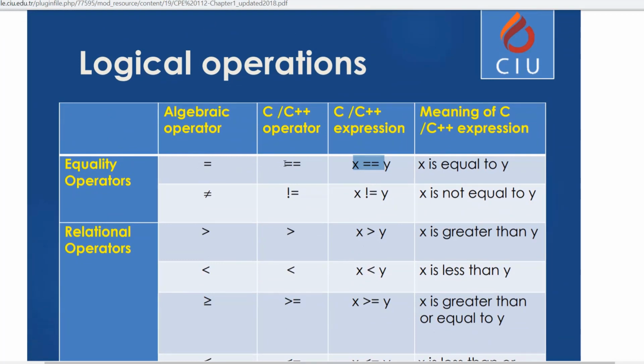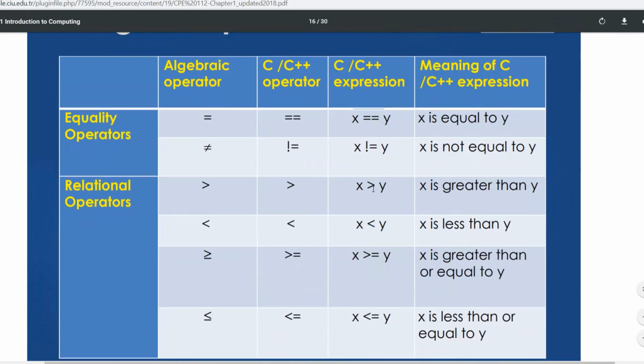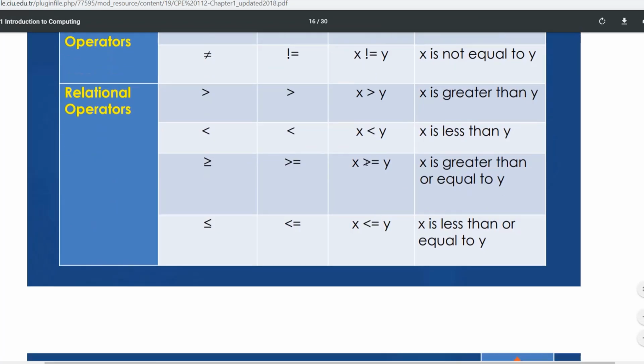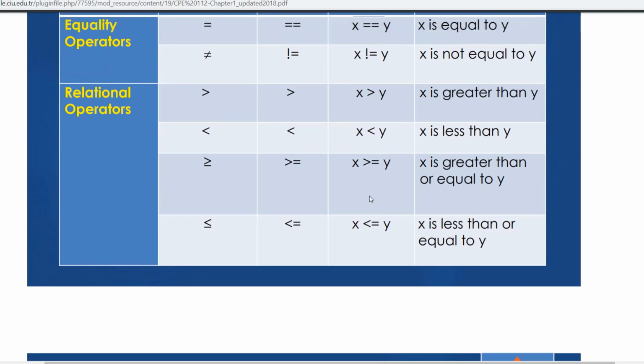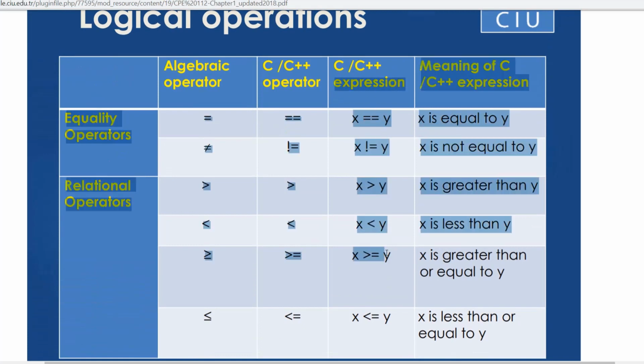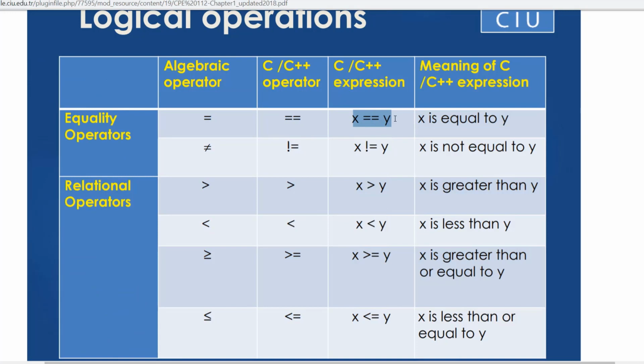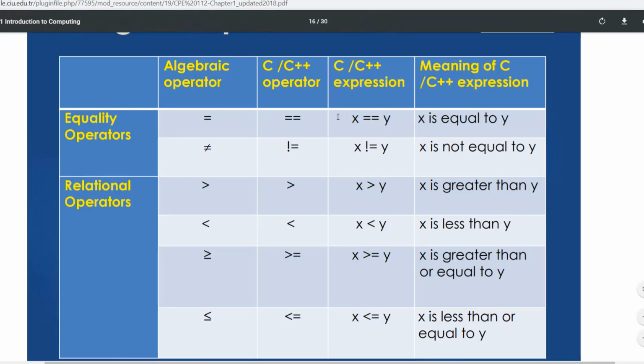The operations that you can follow logically are equal to, not equal to, greater than, less than, greater than or equal to, or less than or equal to. These symbols are used for comparison, to check whether x is equal to y or not. So this means that there are two outcomes. Either x is equal to y or not. It means true or false.